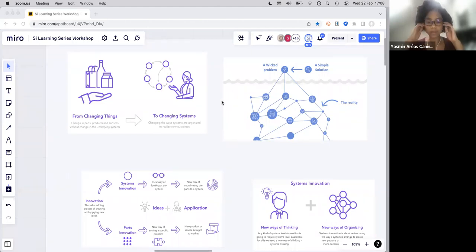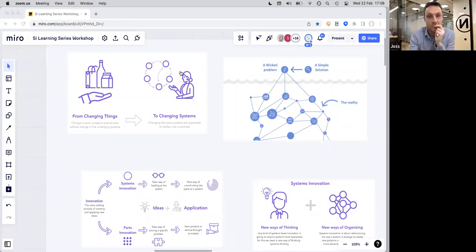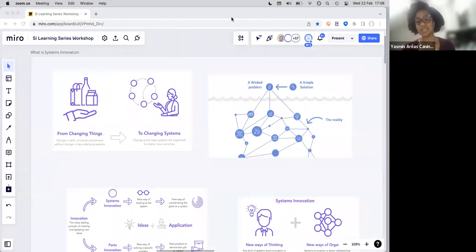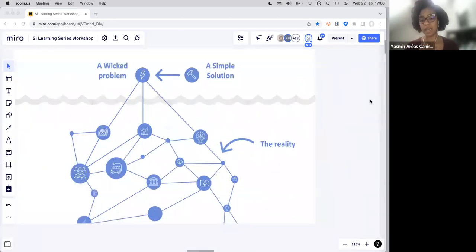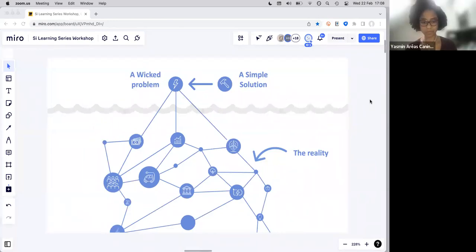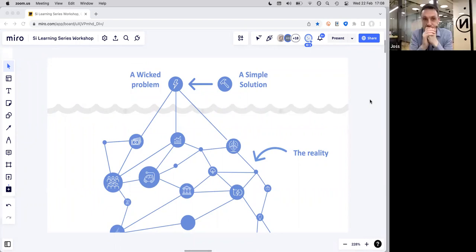Here you can observe, interact, and change the system as a whole, rather than just changing the parts inside the system, because we understand that simple solutions won't address the reality of what we call wicked problems. These just address the top of the iceberg, and the reality is a lot more complex than what we first perceive.